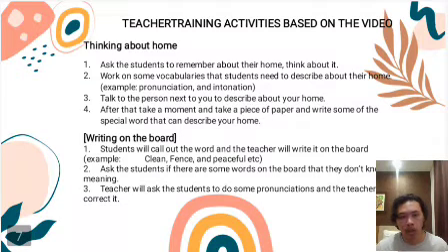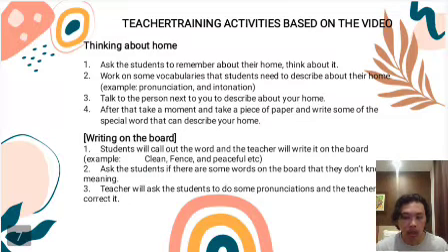So the first thing that the teacher needs to do is ask the students to remember their home and think about it. After that, they have to work on some vocabulary that students need to describe their home, for example, pronunciation and intonation. The third one, they have to tell the person next to them about their home.